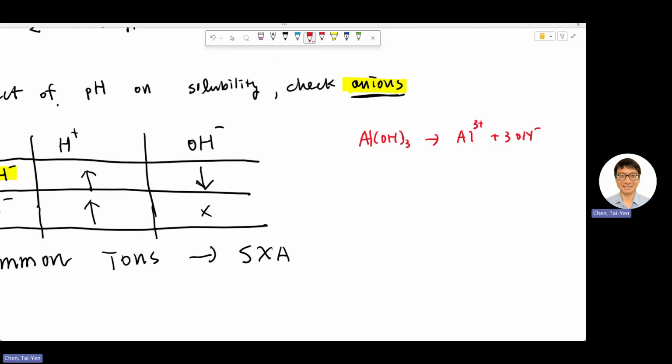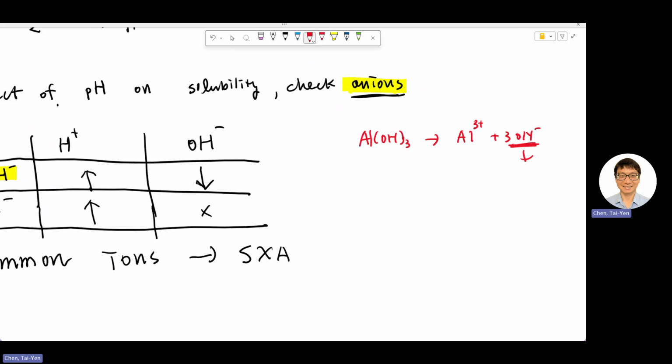So if today you add H plus into your solution, what's going to happen? Because H plus is a strong acid, right? It's going to kill all the base. That means this guy will interact with H plus, right?